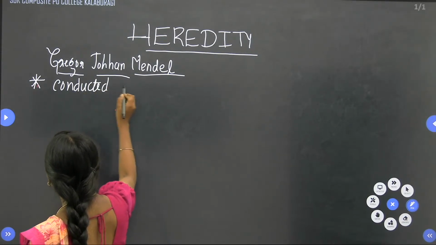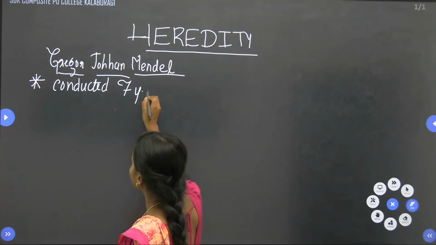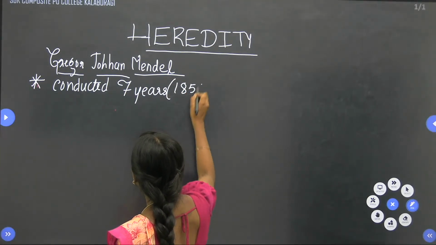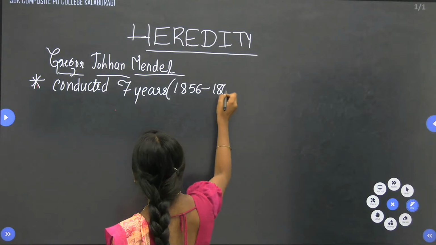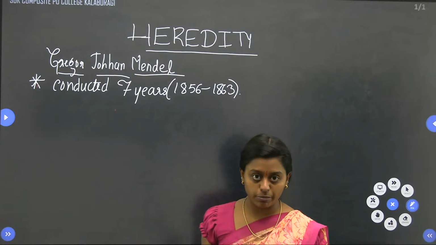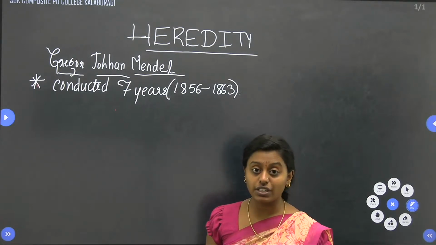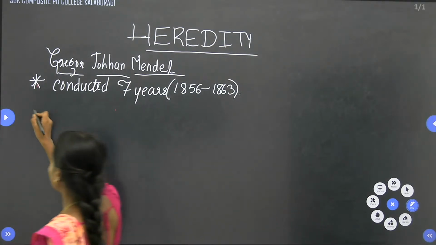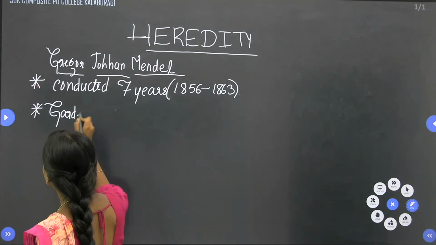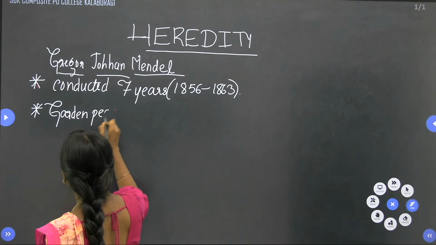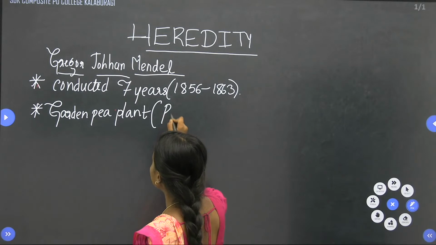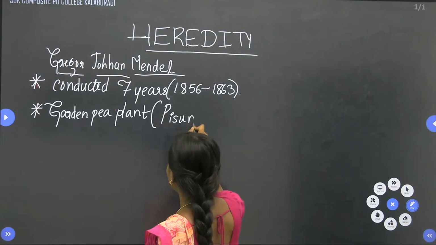for 7 years, from 1856 to 1863. During these 7 years, he conducted the experiments on the garden pea plant, scientifically termed as Pisum sativum.